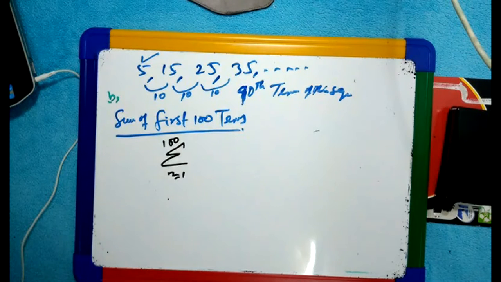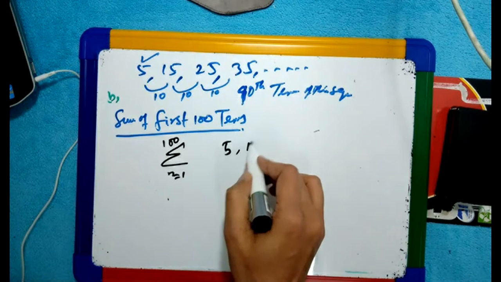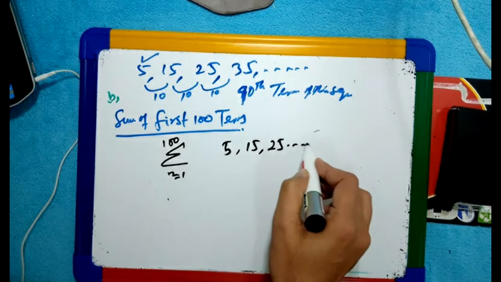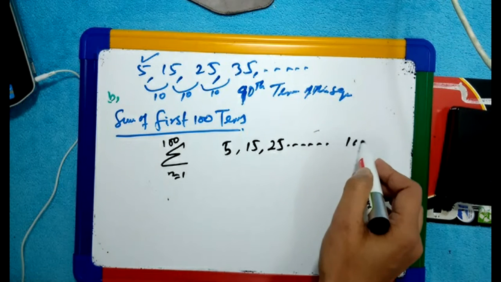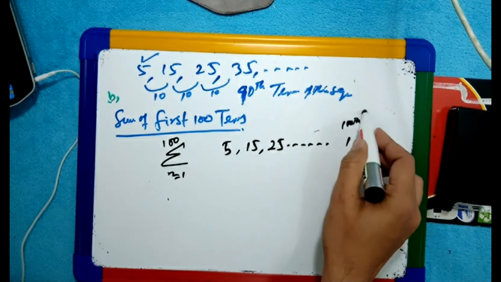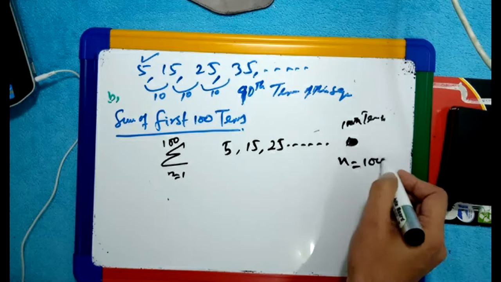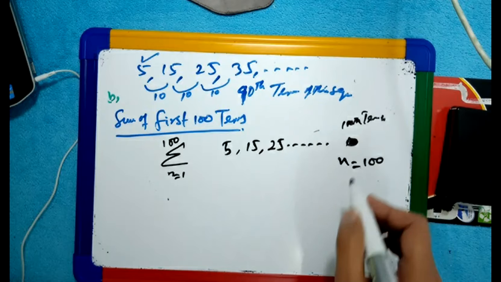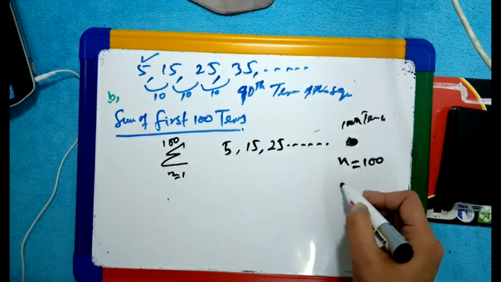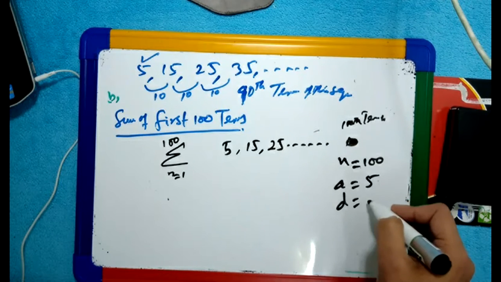So the first 100 terms means 5, 15, 25, and continue up to the 100th term. I don't know what the 100th term is, but I know n is 100, the number of terms, A is equal to 5, and D equals 10. These three things you know.